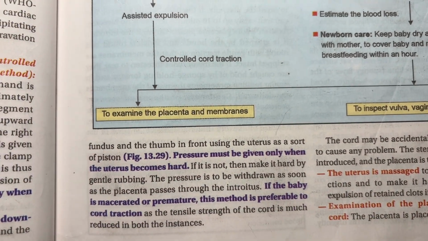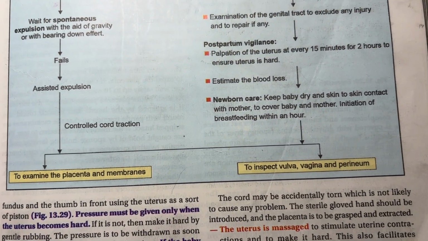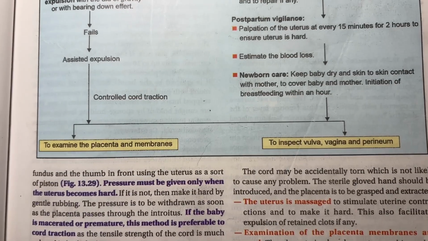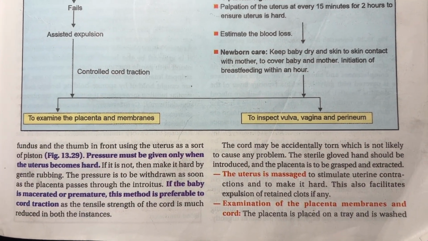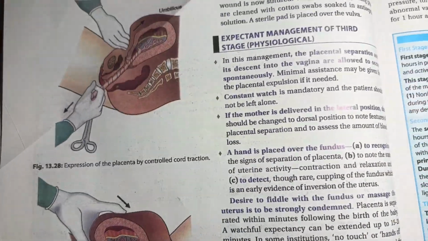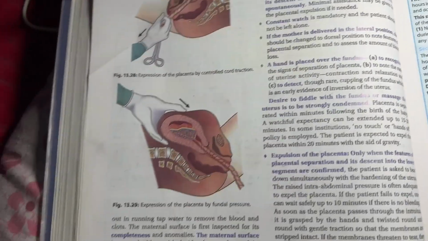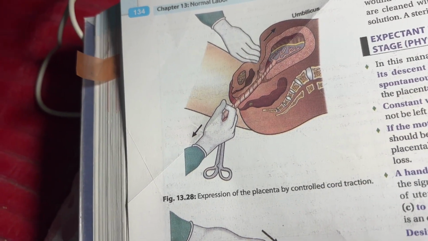Then same, examine the placenta and membrane after expulsion, and inspect the vulva, vagina and perineum of the mother. The uterus is massaged, and examine the placenta, membrane, cord. Like this way. Expression of placenta by controlled cord traction.